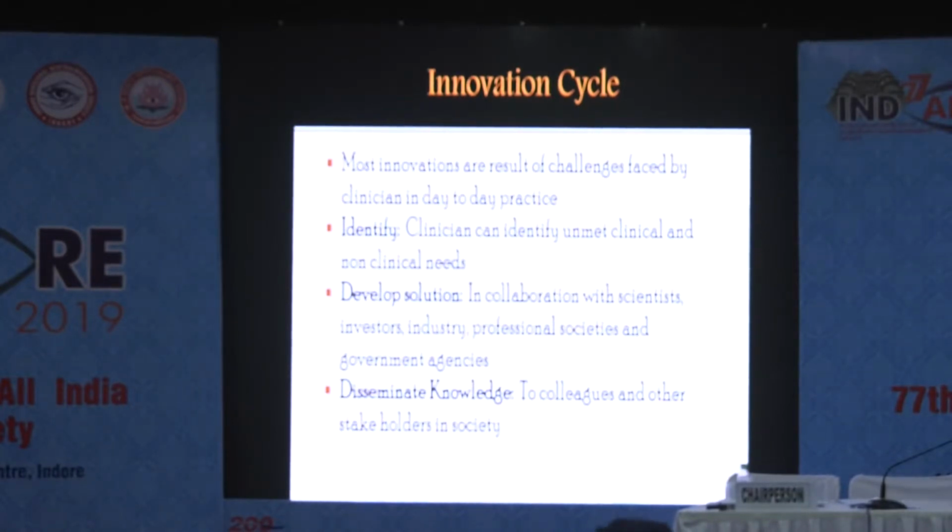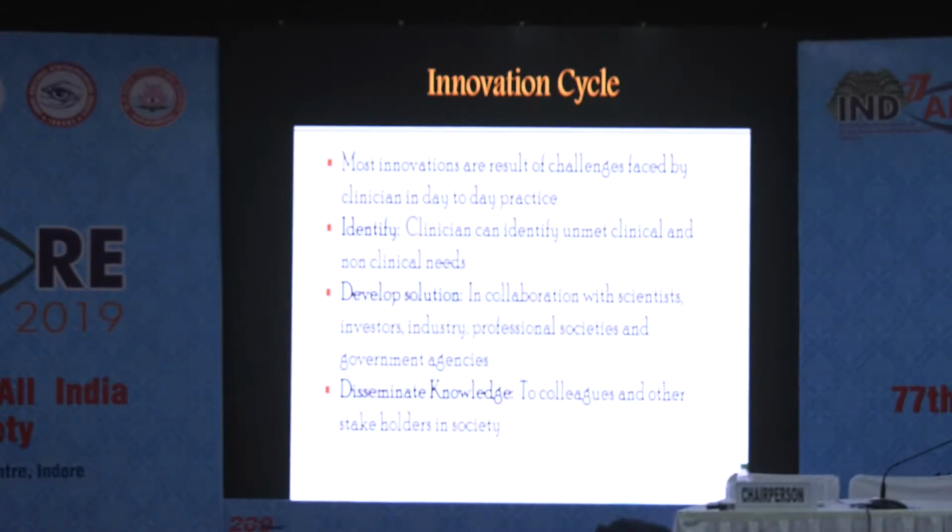You can't do it by yourself. You can have an idea in your mind, draw it on a piece of paper, and then you need to collaborate with scientists, industry people, probably government agencies, depending on the solution you have in mind. And then you don't keep it to yourself. You disseminate the knowledge in society meetings and to the public at large.